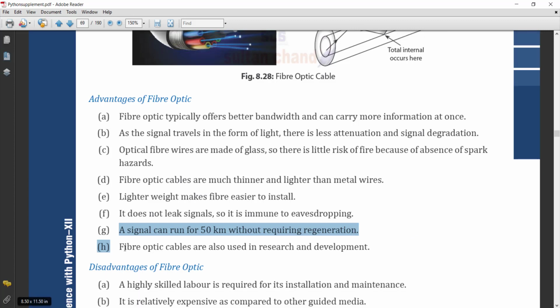And fiber optic cables are also used in research and development, and other companies use fiber optic cable because they do not want to interrupt our signal. So the signal should be transmitted easily and very fast with higher bandwidth. So that's why the big companies and research centers, defense systems are using that cable.